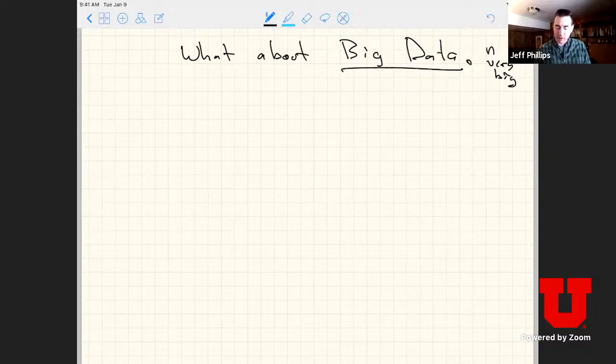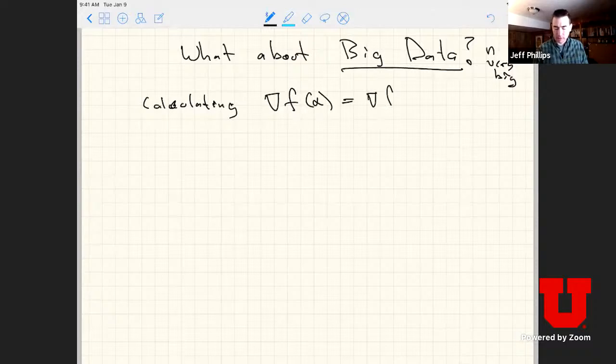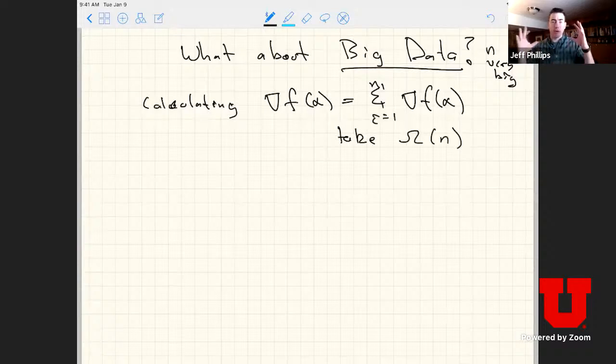The problem at this point is calculating the derivative of f at some value alpha, which is equal to the sum from i equals 1 to n. This takes at least O of n time, at least linear time in the size of the data.